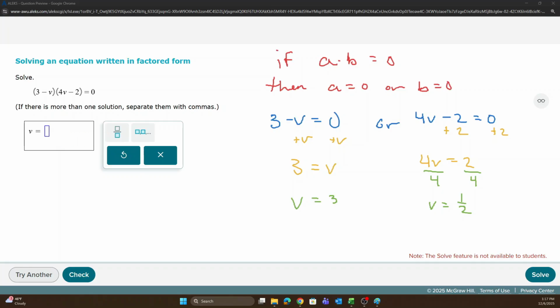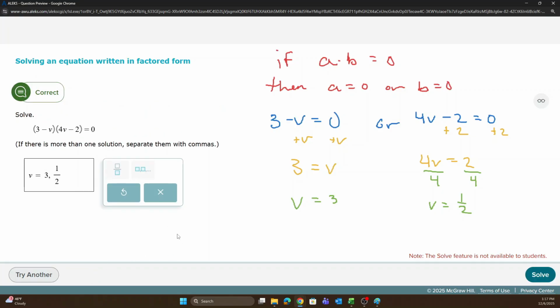So when we put this in, we have either v equals 3 or 1/2. All right, so let's go ahead and move on to the next problem set.